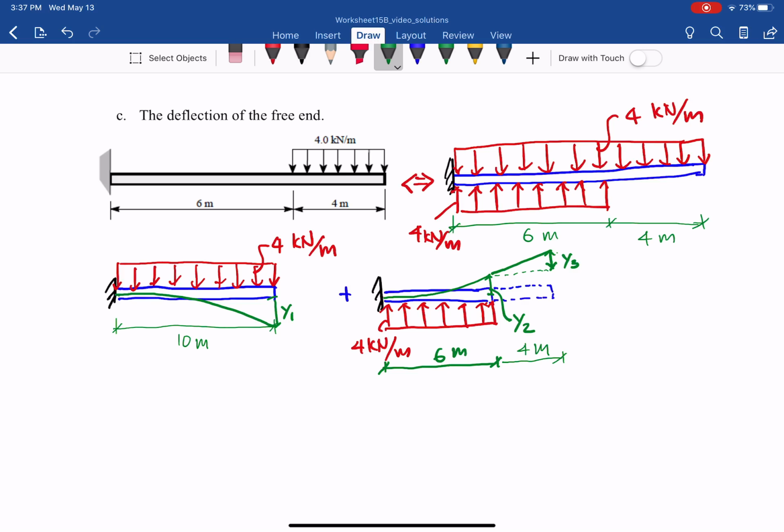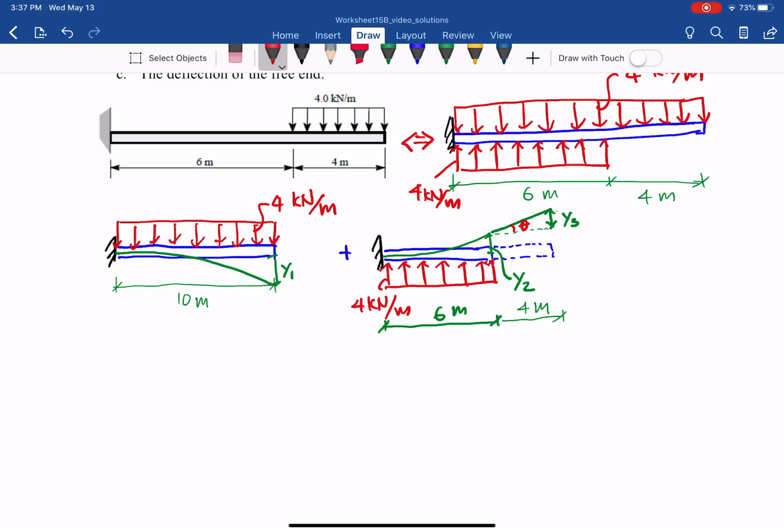And as you can see, similarly in part B, that is theta for the slope. So with that concept, we can have y, the total deflection for the problem, equal to y1, and of course y2, but this is the load going up, right?